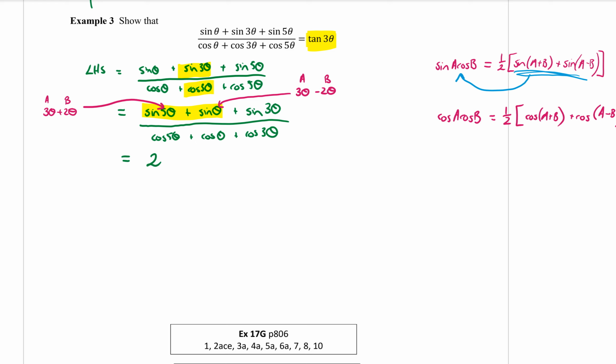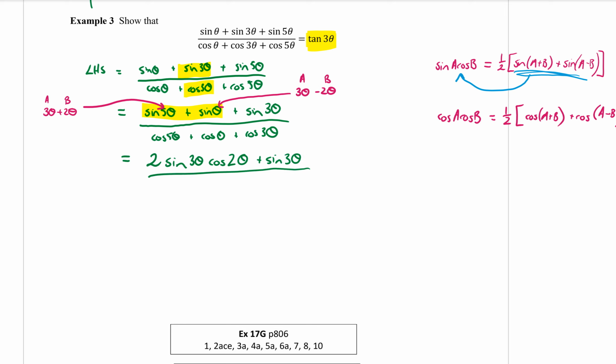Now, the 5 theta, and so the sine 5 theta, sine theta, going backwards to go to the left is going to become sine A is the 3 theta, and B is the 2 theta, so cos of 2 theta. That's the formula. Just for those first 2 terms, I still have the sine 3 theta on the end.